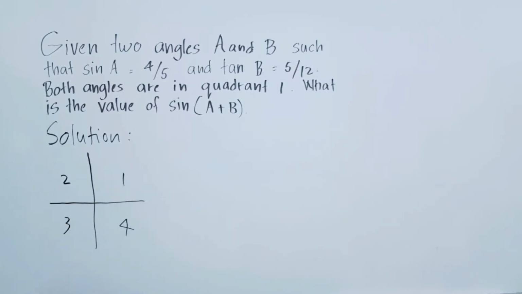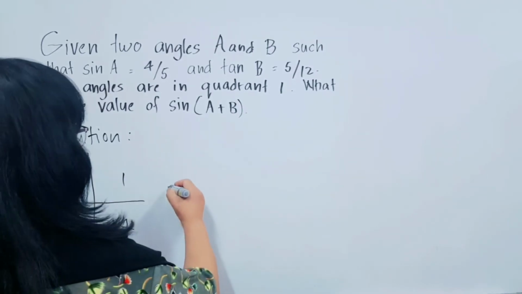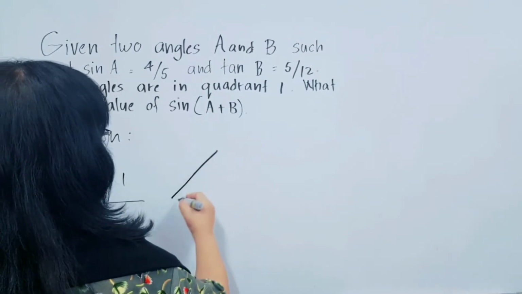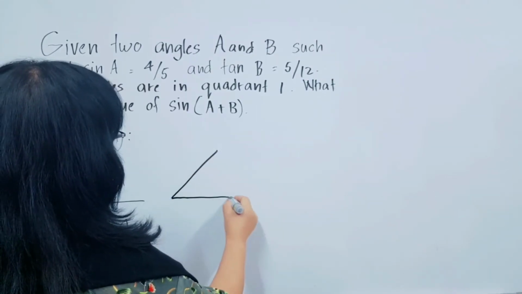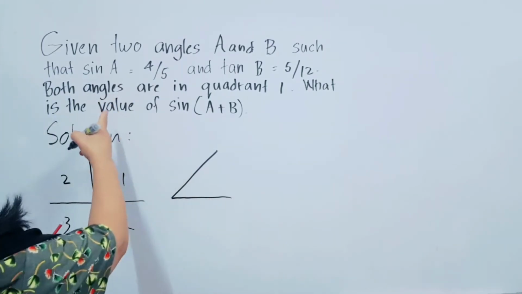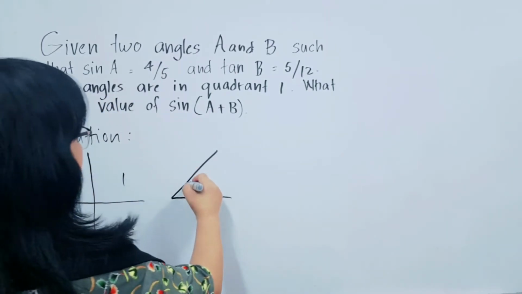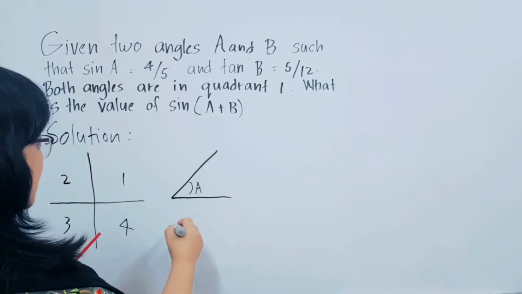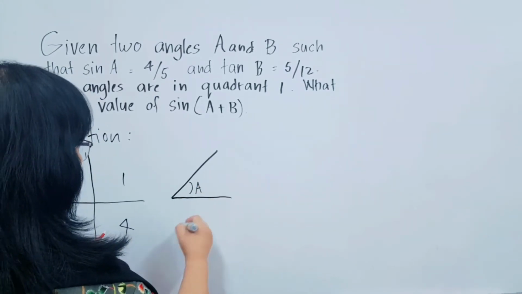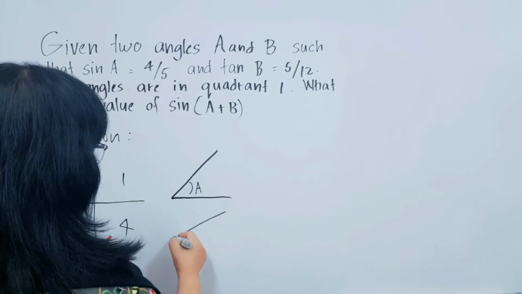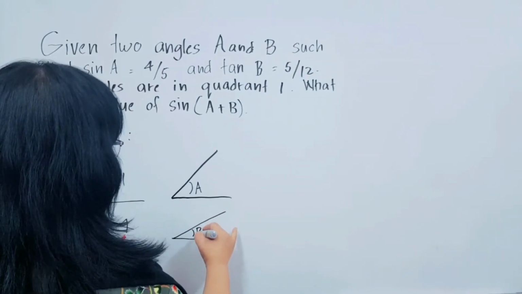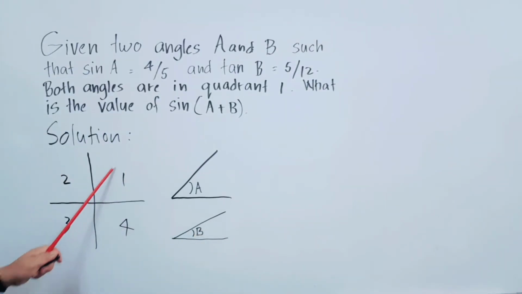That means, if we will see here, we'll separate this one. So, there is an angle A, sorry, and the angle B, both of them are on the same quadrant, quadrant 1.